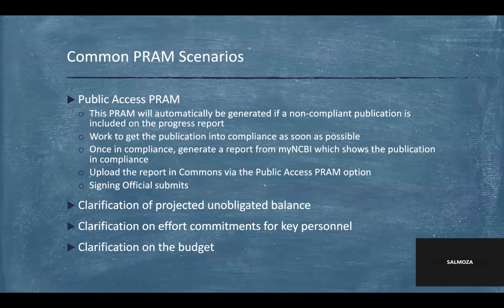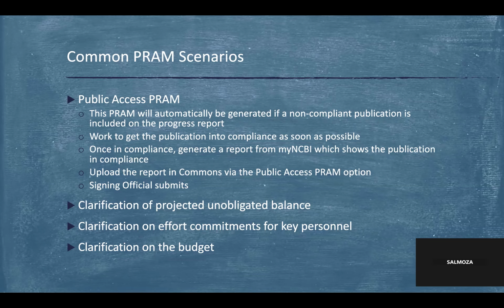So the most common PRAM scenario, I think, is the public access PRAM. If you submit an RPPR with a publication that is out of compliance, I think it's an automatic process. The NIH doesn't even do anything. It just automatically creates a public access PRAM option in the status screen.